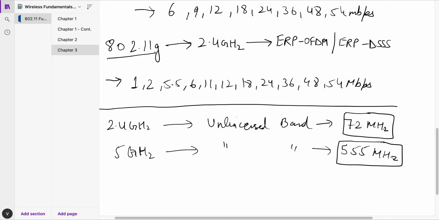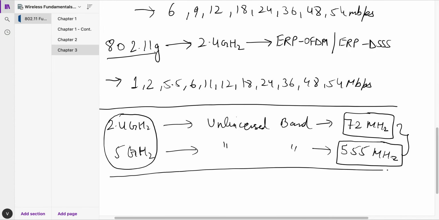Okay, we're going to go into details on the channels very soon, but for now, this is enough. So 2.4 and 5, a huge gap in the frequency range and a huge gap in what we get to send traffic, right?